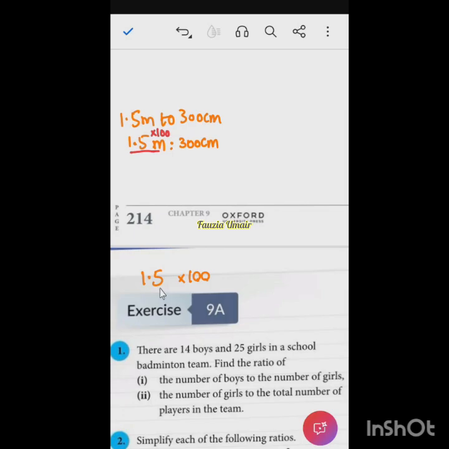But there is one digit here, so I will put another zero here and shift the decimal 2 digits forward because it was multiplied with 100. So the answer would be 150.